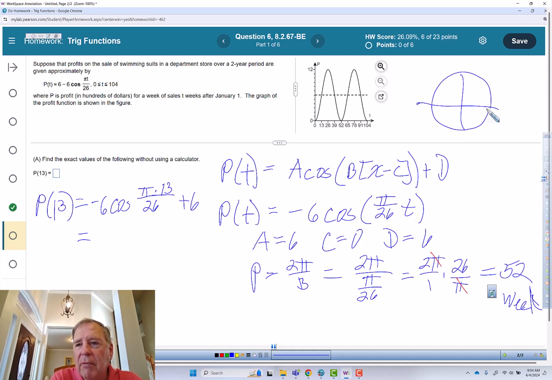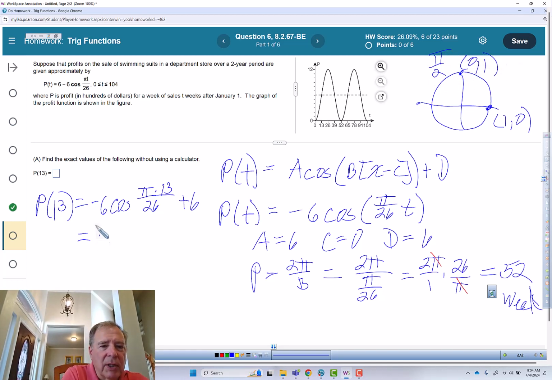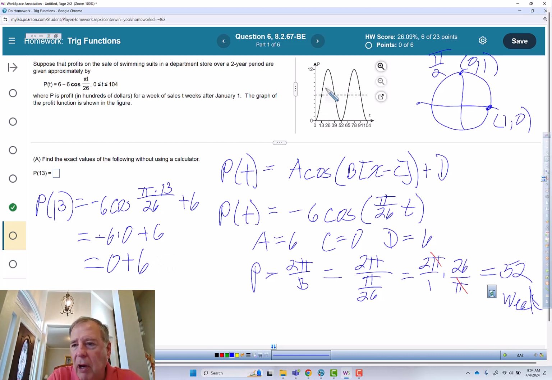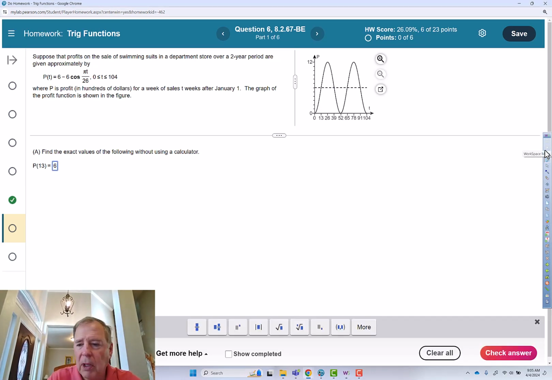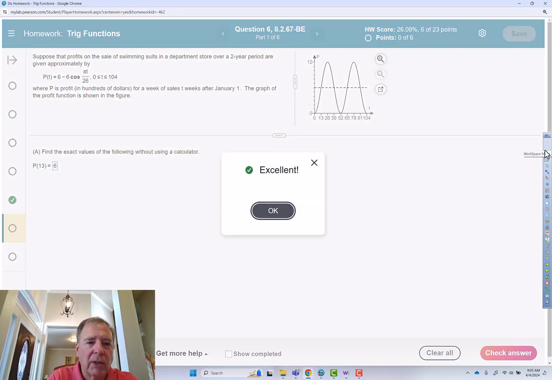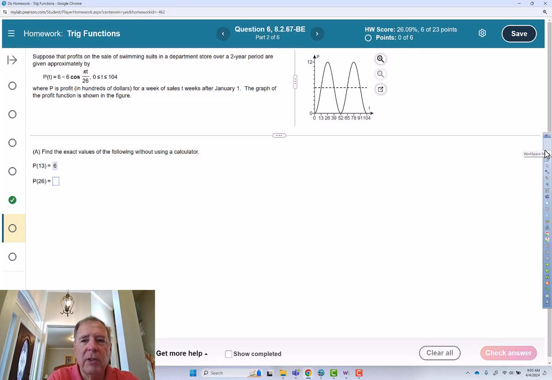The cosine function is the x. This angle is pi over 2, so this is 0, 1. So this is negative 6 times 0 plus 6, which is 0 plus 6, or 6. We could just go to the graph and look, but we'll put that in. Check answer. Excellent.